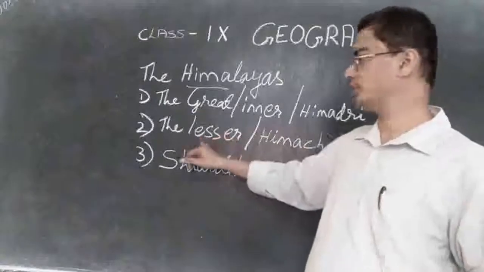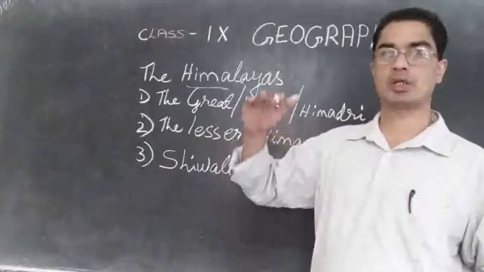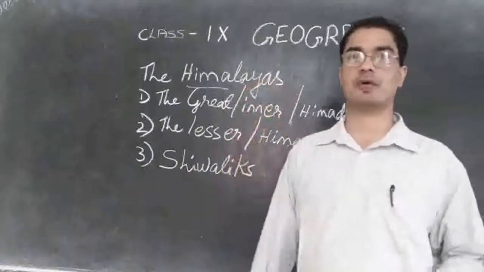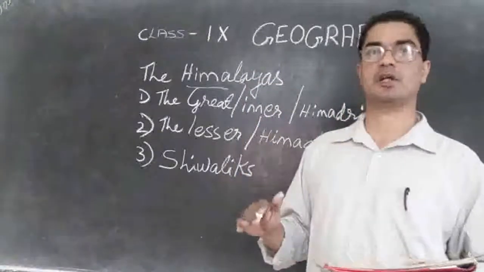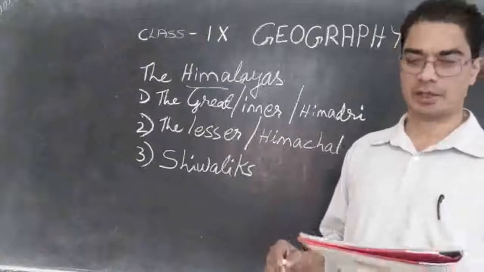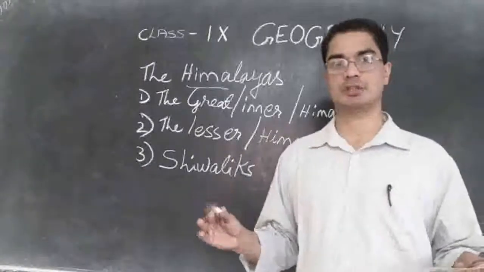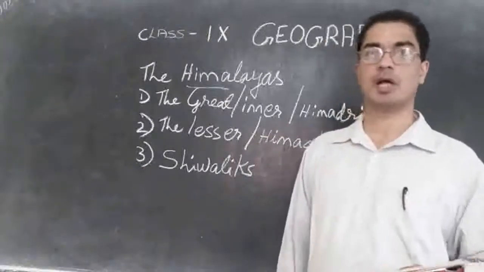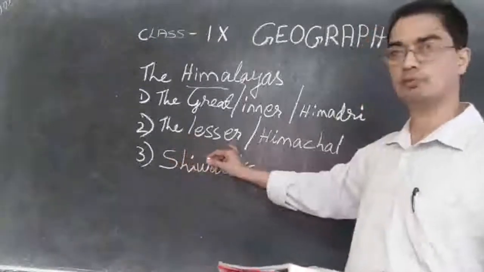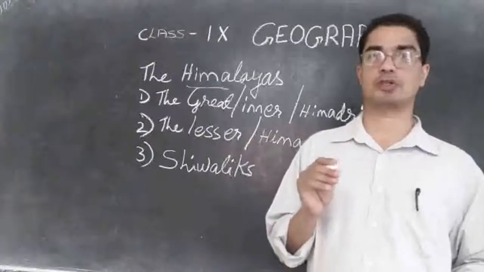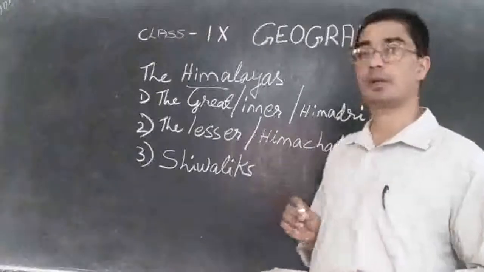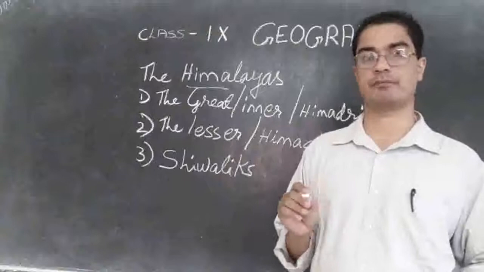And in this range we find the tallest peak is 4,500 meters high and the lowest one is 3,700 meters high, and the width of this range is 50 kilometers. And we find in this some important ranges, and the first and the most important range is the Pir Panchal range.